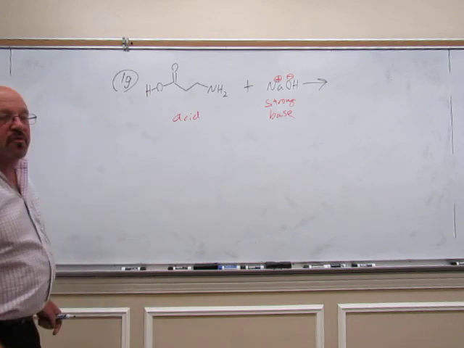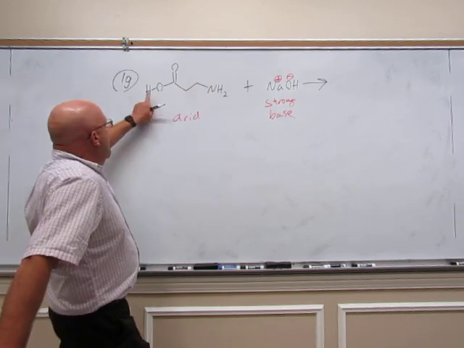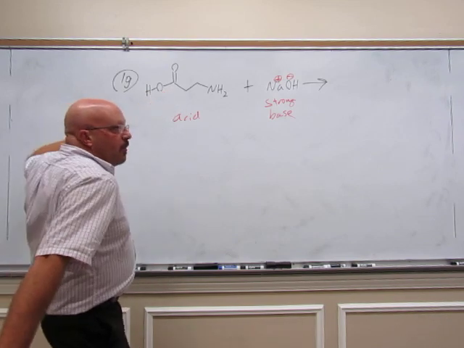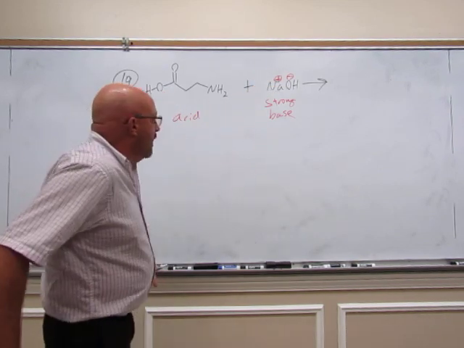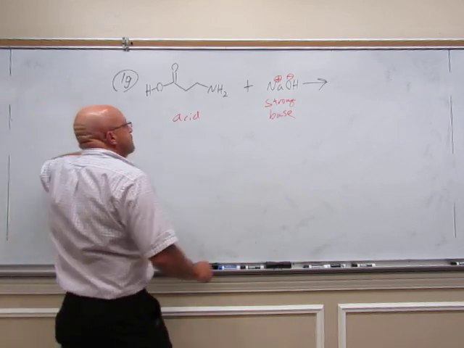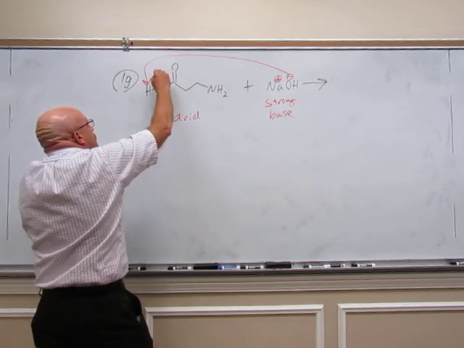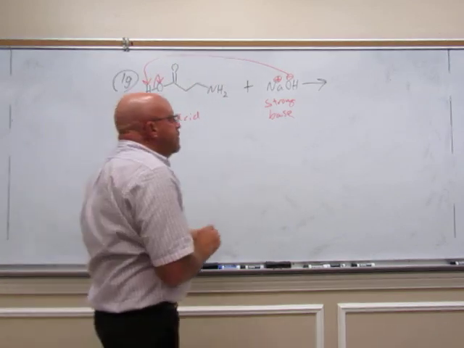Now we need to find the most acidic proton. We have hydrogens on the carbons, hydrogen on nitrogen, hydrogen on oxygen. You get more acidic as you go across a row from the left to the right on the periodic table, so the most acidic hydrogen is on the oxygen. So our base will come and grab that proton, and we'll leave the electrons there on the oxygen.